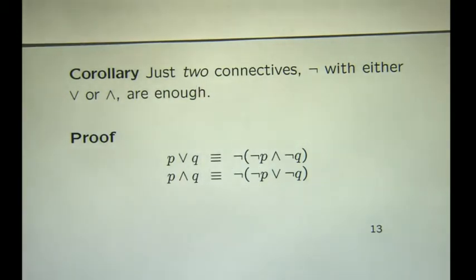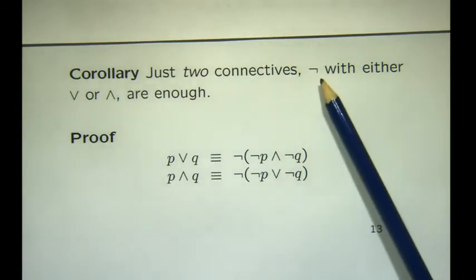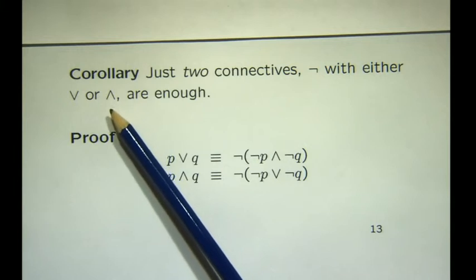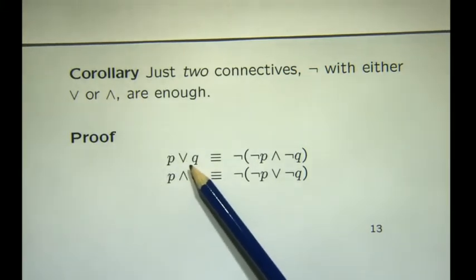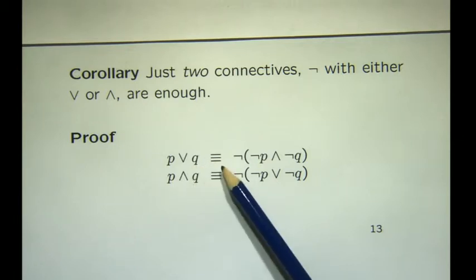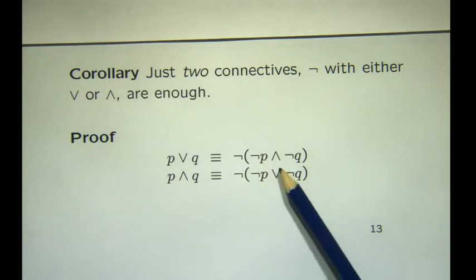And why is that? Because AND and OR are tightly connected with each other. Each one is just a mirror of the other one. So because of that, we can get away with, if I put it that way, just NOT and one of OR and AND. If we don't have an OR, we can make one, because it's logically equivalent to a negated AND where we negate the inputs.